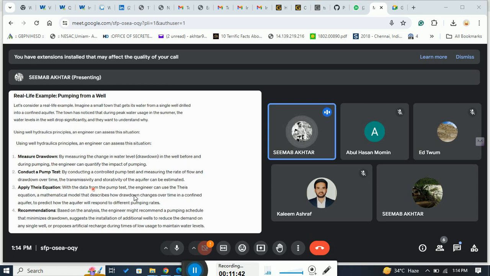Using well hydraulics principles, an engineer can assess this situation by measuring drawdown, that is, the change in water level in the well before and during pumping. The engineer can quantify the impact of pumping.